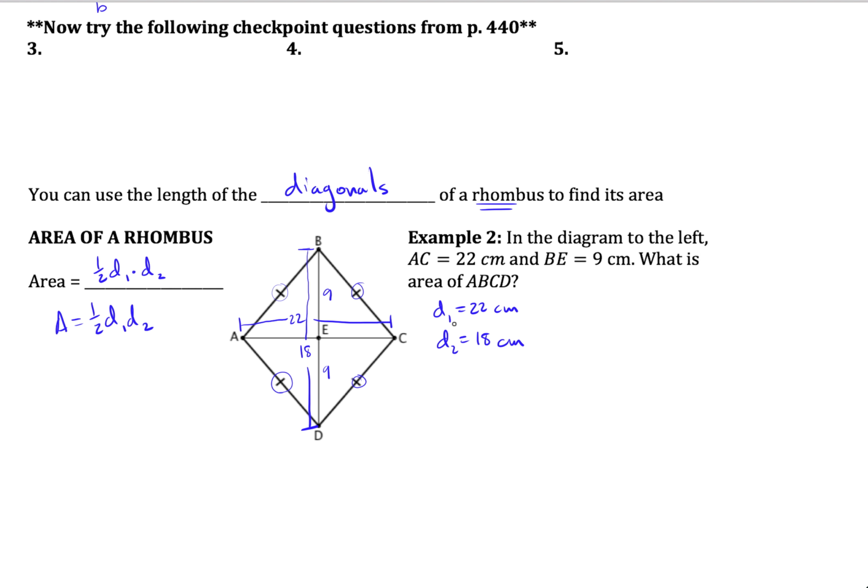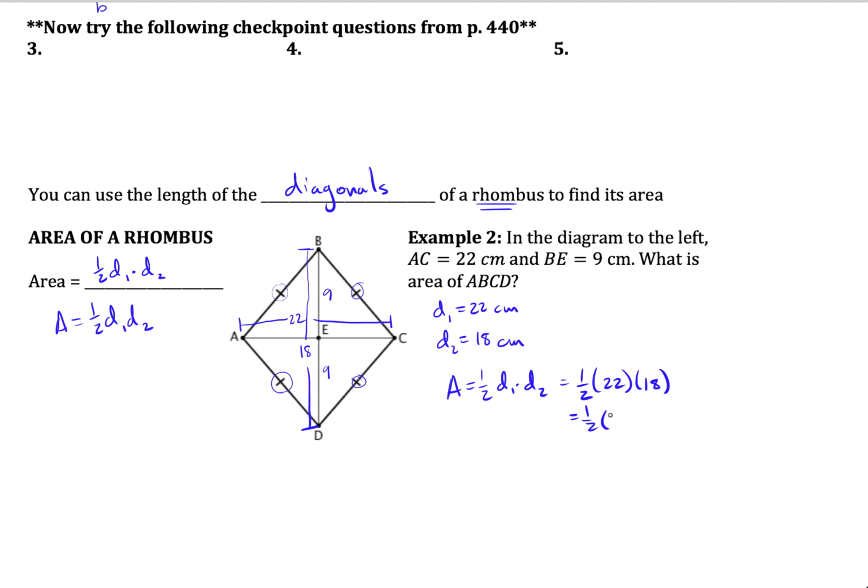And it doesn't matter which one we call D1 and which one we call D2. That's just to indicate that we should have 2 separate measurements here. But we have a 22 and an 18 for those diagonals. So to calculate the area, it's 1/2 of D1 times D2. So we're looking at 1/2 of 22 times 18.